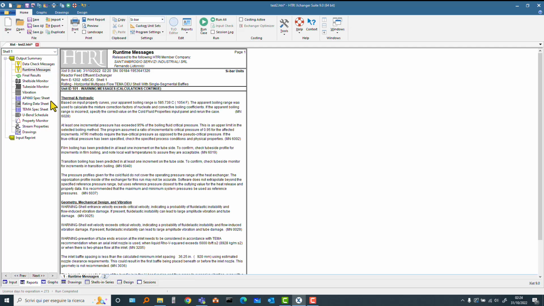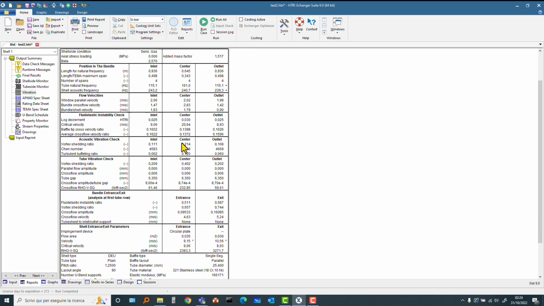In the shell side, we take the vibration analysis, and you see what the problem is. The problem is on the entrance and exit, in both these parts. We have a critical velocity which is very close to the actual velocity of the stream.